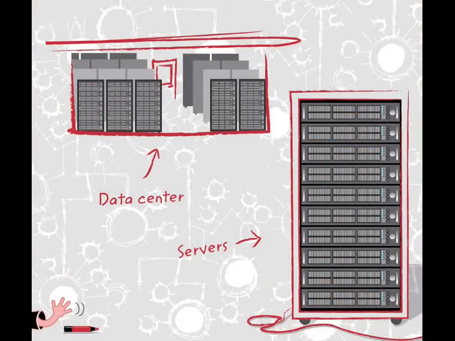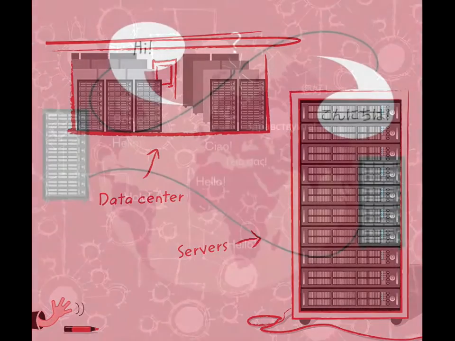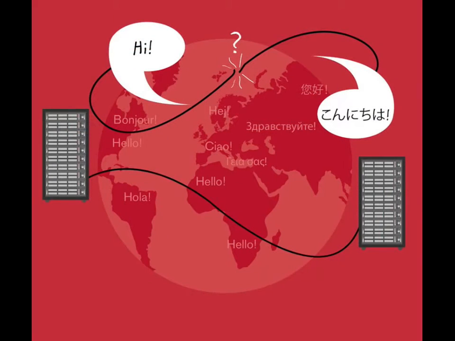On the Internet, there are millions of computers called servers. Contained in the servers are things like websites or huge game worlds. It is common to have many servers connected in large data centers, but it's also possible to have a server at home or at work. The large computers and servers can talk with each other, but they do not speak in a normal language like English.